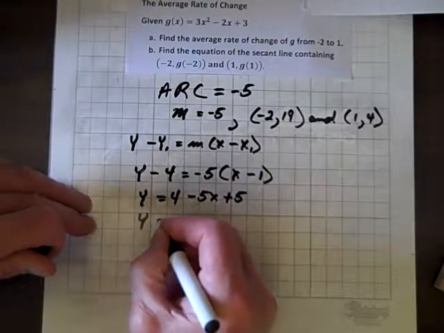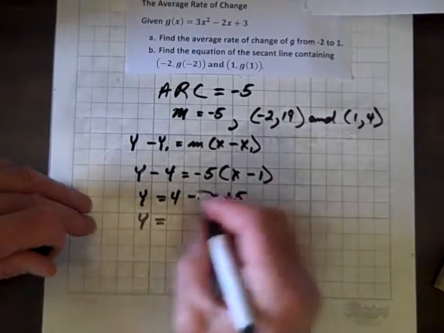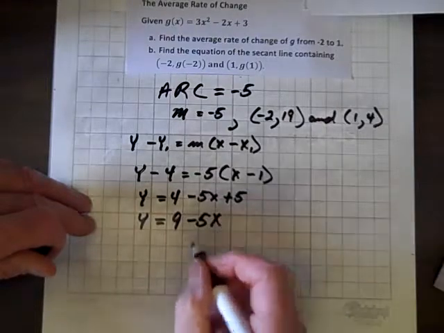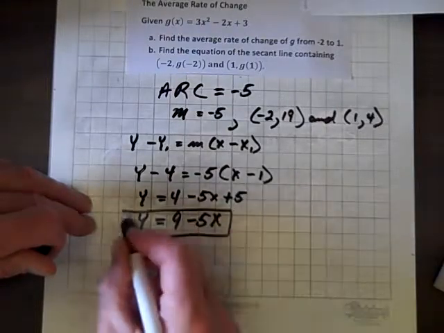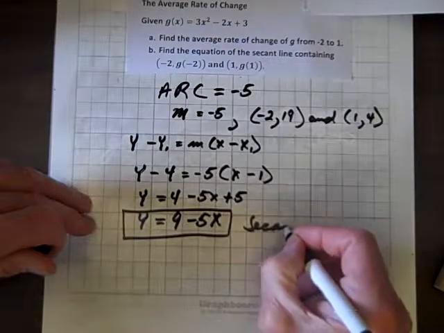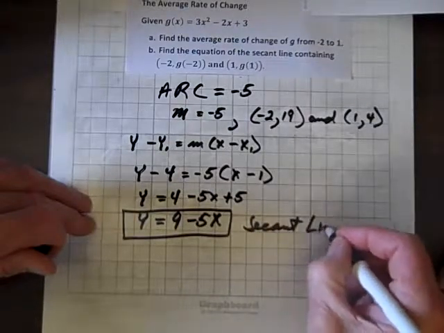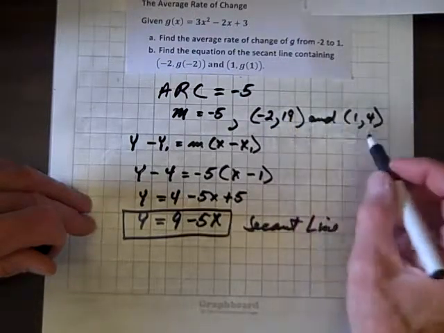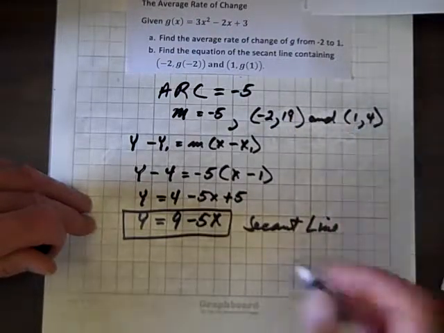And now gathering up like terms, we get 4 and 5 is 9 minus 5x. And this is the equation of the secant line through the ordered pairs -2, 19, and 1, 4, and we're done.